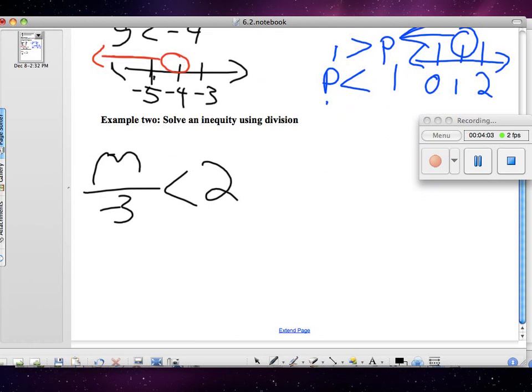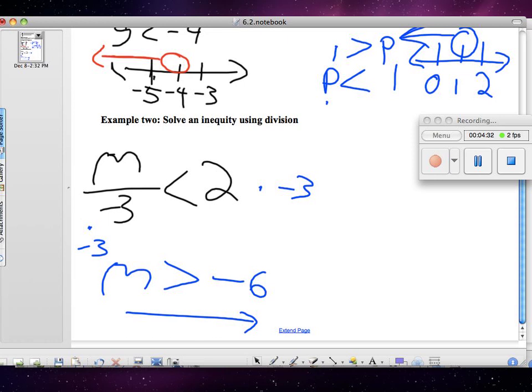If that was an equal sign instead of a less than sign, how would I get m by itself? Jasmine? Yeah, I multiplied both sides by a negative 3. Uh-oh, but I'm multiplying by negative, so what happens to my inequality sign? You flip it, so it goes the other direction. 2 times negative 3 is negative 6.